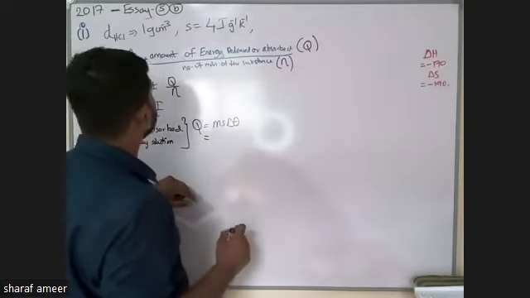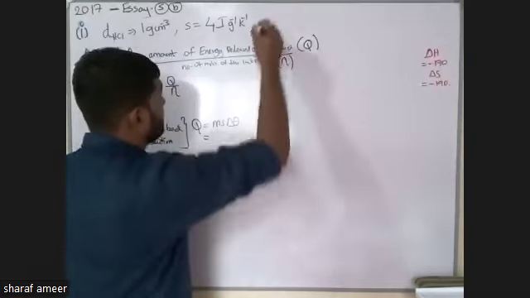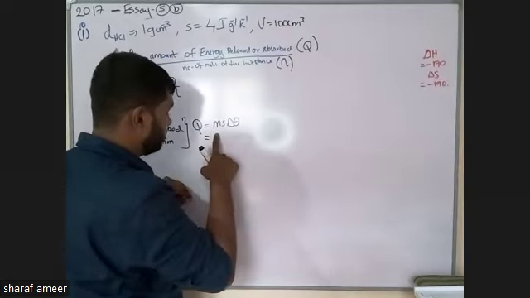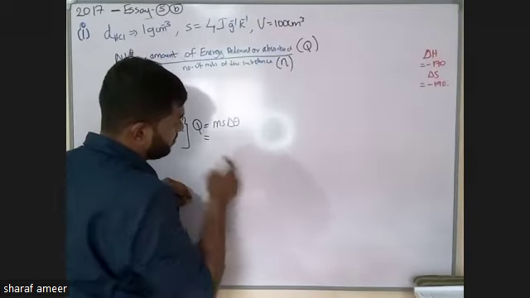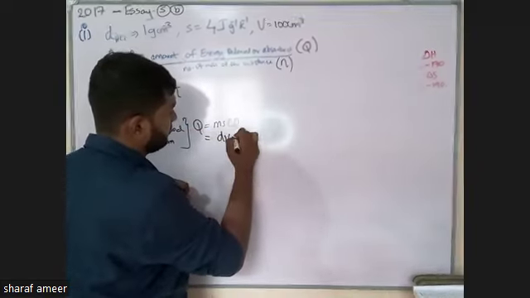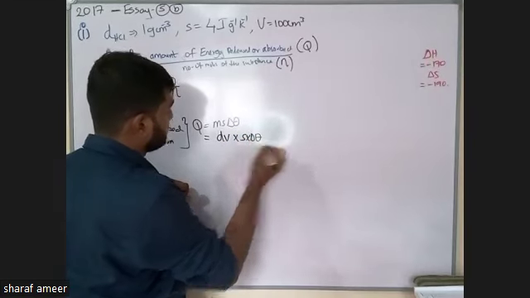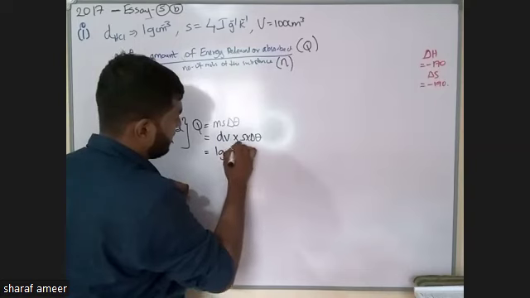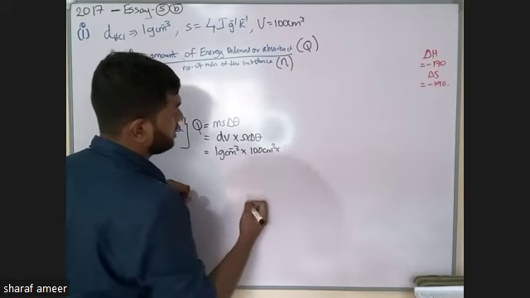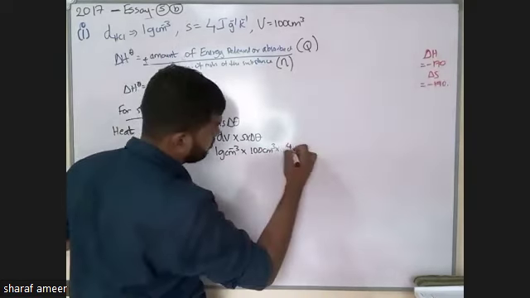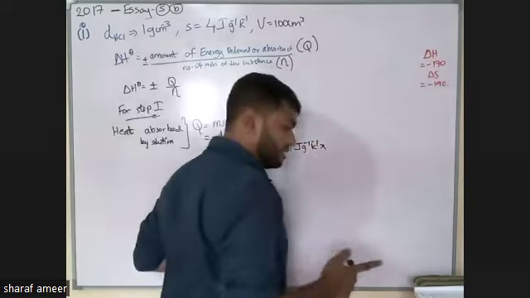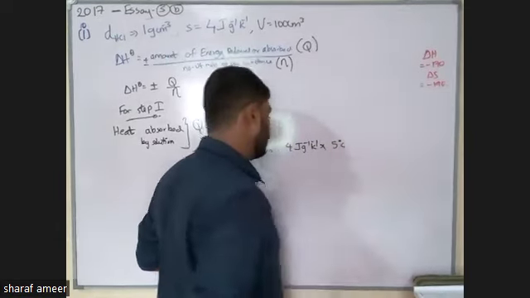Mass you can find from density. They have given the volume of the solution, that is 100 cm³. Density is mass over volume, so if you bring the volume to the other side, it becomes multiplied. So density times volume times s times delta theta: 1 g cm⁻³ times 100 cm³ times the specific heat capacity of 4 J g⁻¹ K⁻¹ times the temperature change for this first step, 5 degrees C.